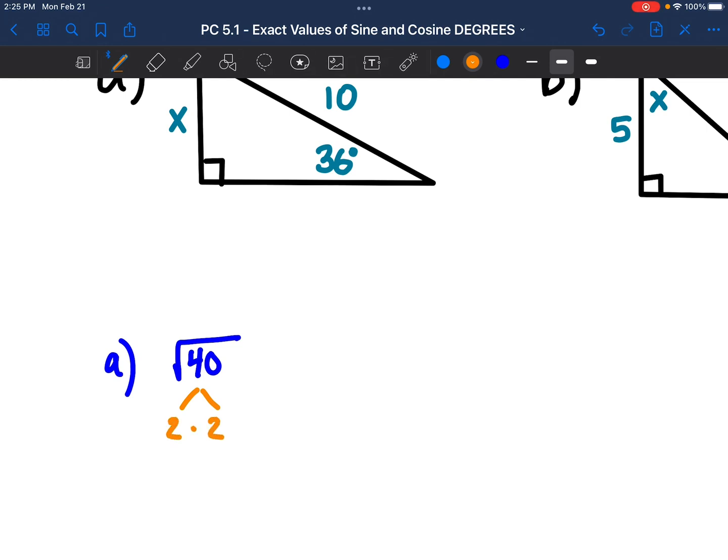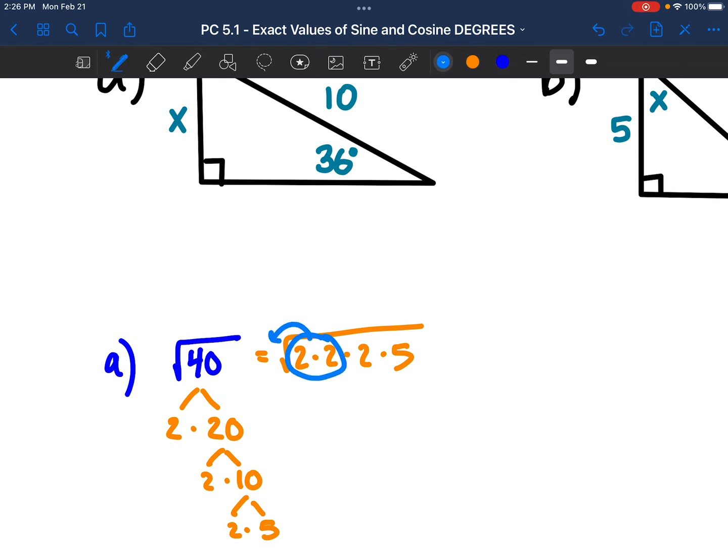So remember, you can do 2 times 20, 2 times 10, 2 times 5. And remember, this is 2 times 2 times 2 times 5. Your teacher may have showed you to take out pairs of numbers because that's representing the square root of 4. So you can write it as 2 times the square root of 2 times 5, which is 10.